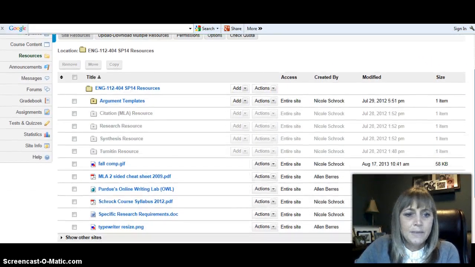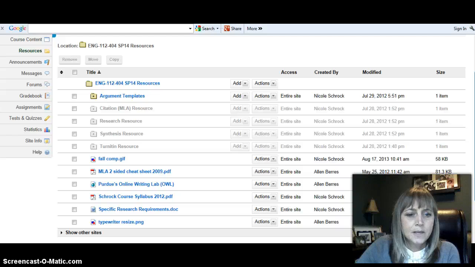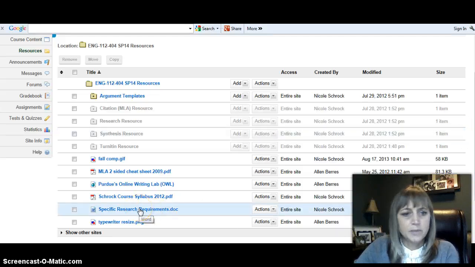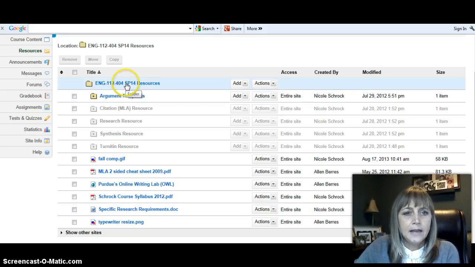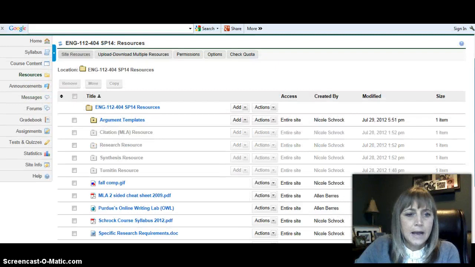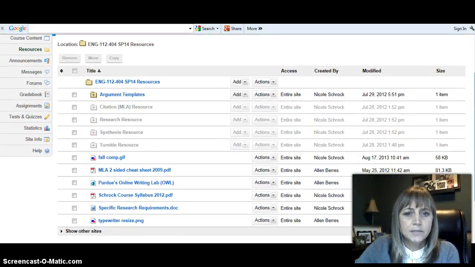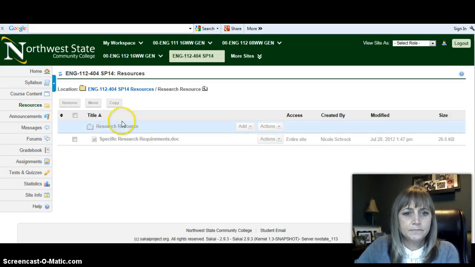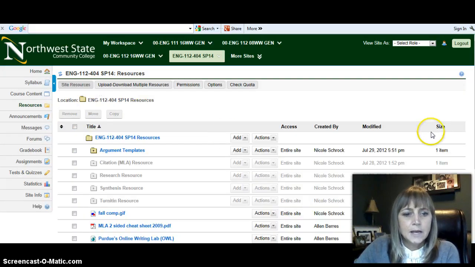Wanted to see if I maybe even had a, oh, this is where you'll find the specific research requirements for this paper. And then I believe also, I feel like we have a place that talks about your research. Let's try here. That's the research requirements, the resources.